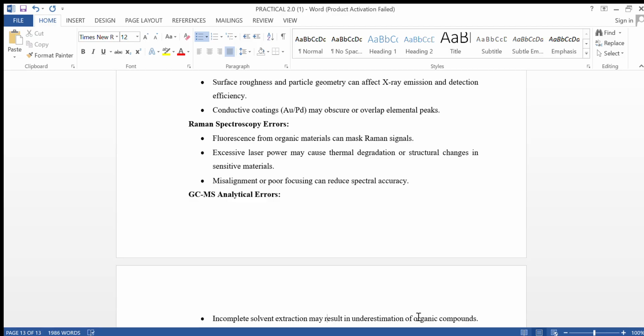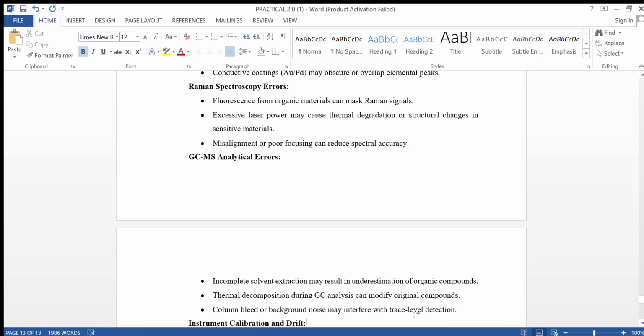Raman spectroscopy errors. Fluorescence from organic material can mask Raman signals. Excessive laser power may cause thermal degradation or structural change in sensitive materials. Misalignment or poor focusing can reduce spectral accuracy.